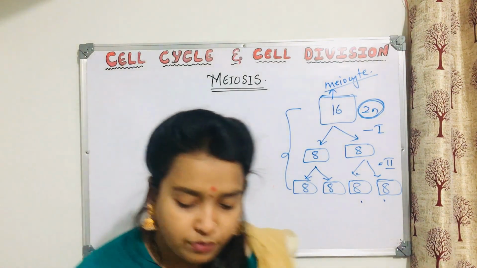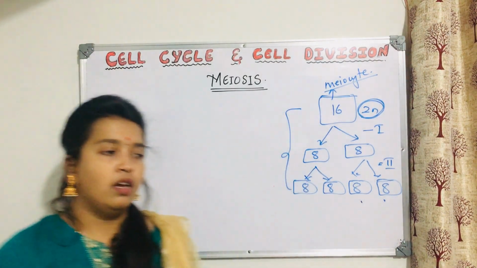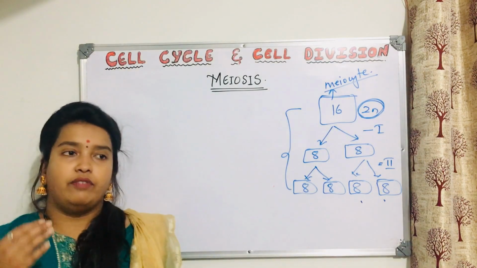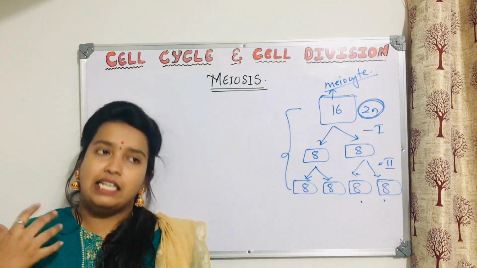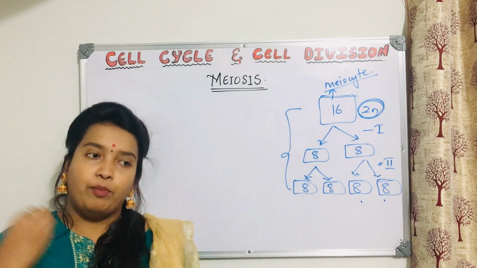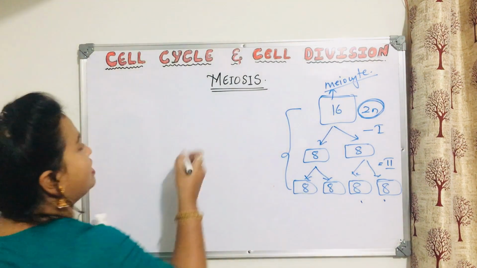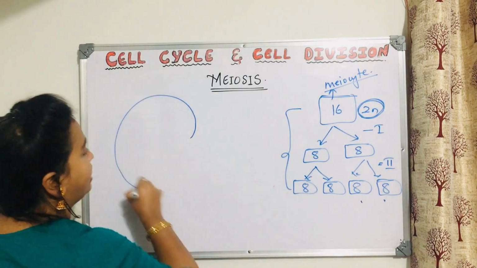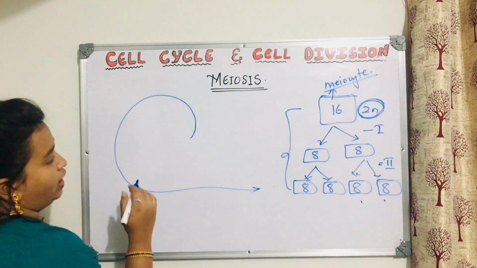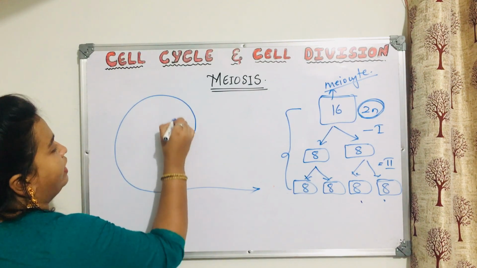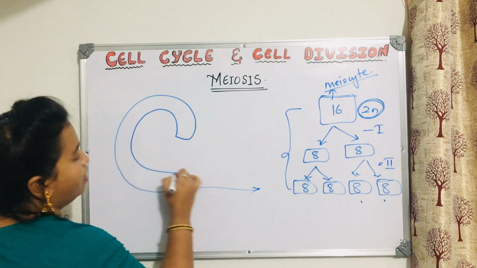See here, any cell which is undergoing division needs to prepare for the division. So for meiosis also interphase is a must. But that cycle is not in the form of a cycle. You can consider it like this, this type of thing. So it will undergo interphase like this.